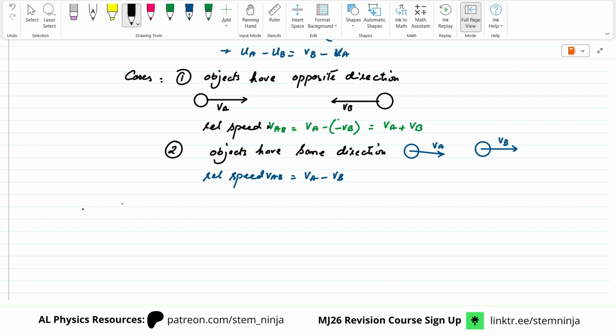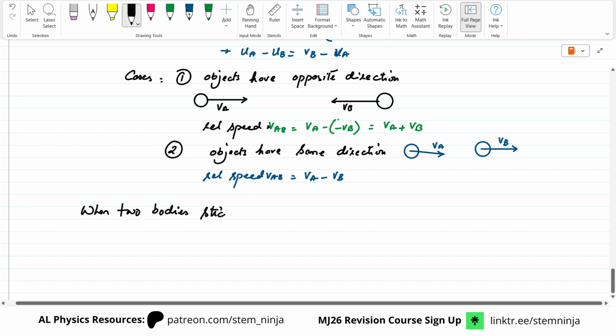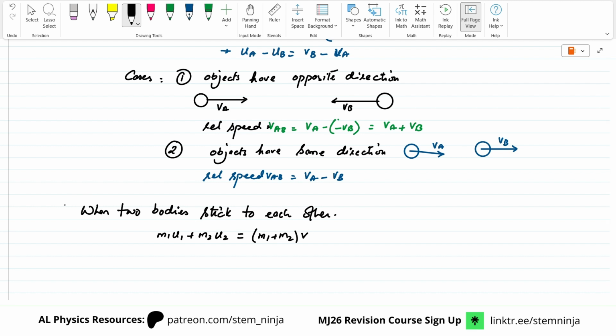So when two bodies stick to each other, how the conservation of momentum formula will look like, the masses will add up and the body will move off with a common velocity.